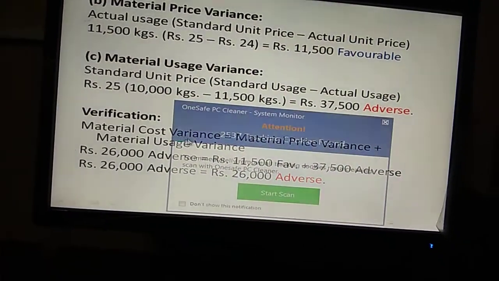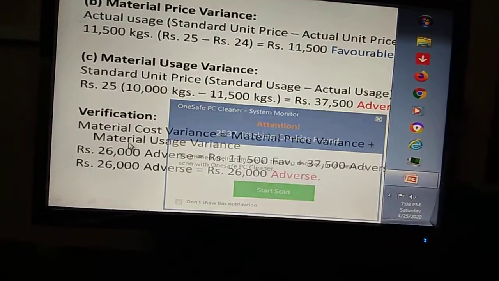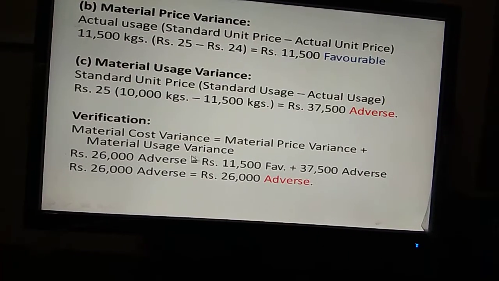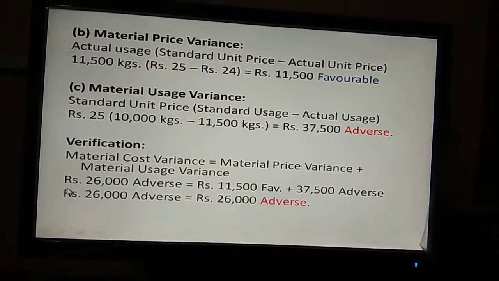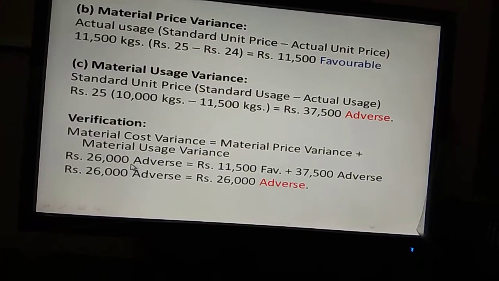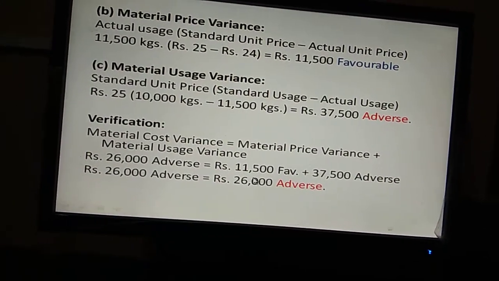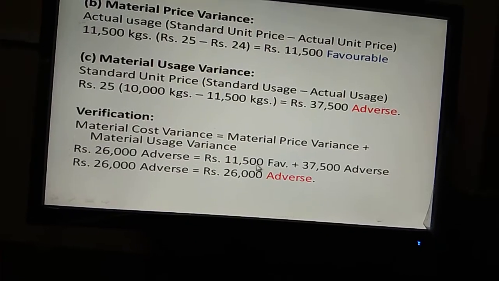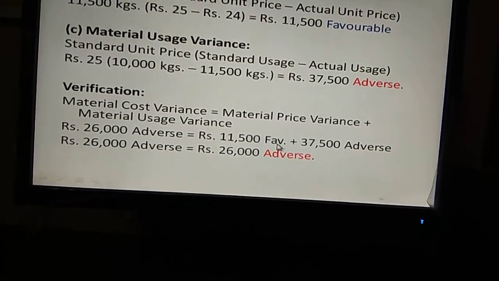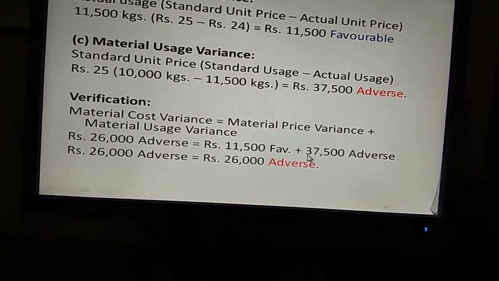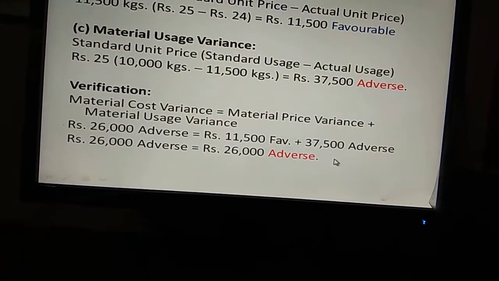Now let us verify. So material cost variance equal to material price variance plus material usage variance. So material cost variance is rupees 26,000 adverse we have calculated, and material price variance is 11,500 favorable we calculated, and material usage variance 37,500 adverse we calculated.